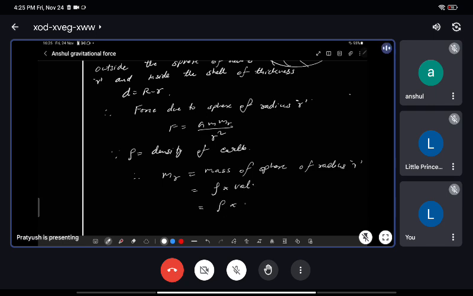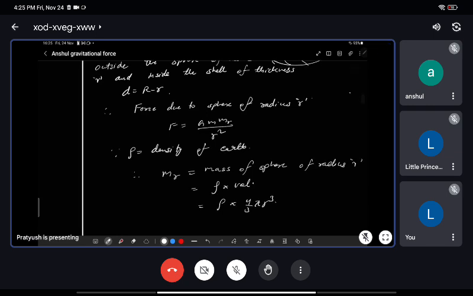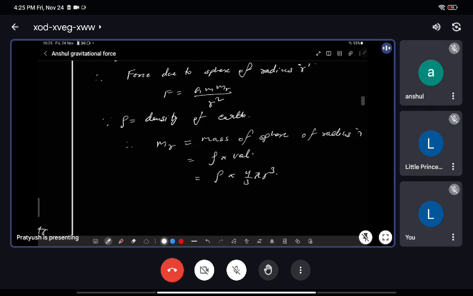Density is rho and volume is 4 by 3 pi r cube.